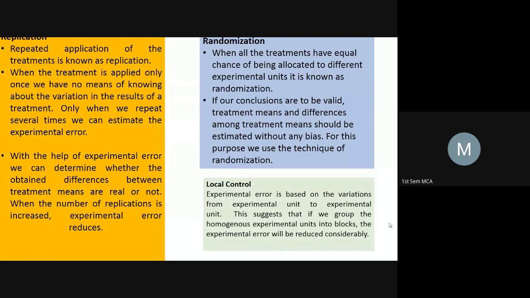If our conclusions are to be valid, treatment means and differences among the treatment means should be estimated without any bias. For this purpose, we use the technique of randomization. Now, what is the meaning of this sentence? When all 5 students are equal, there should at least be some distinguishing factor with which I can differentiate among this set of 5 students.